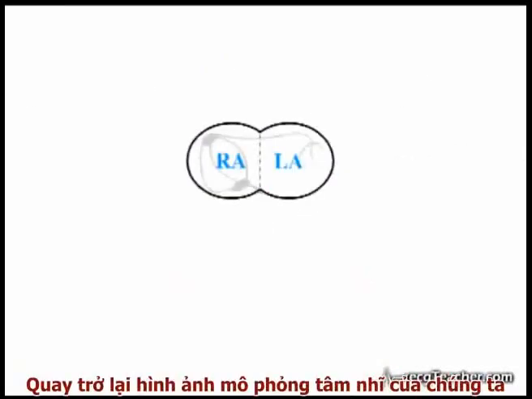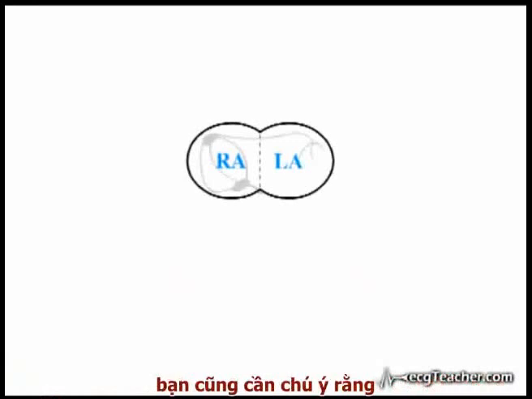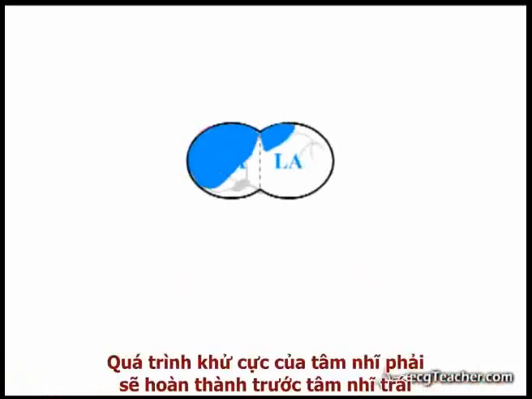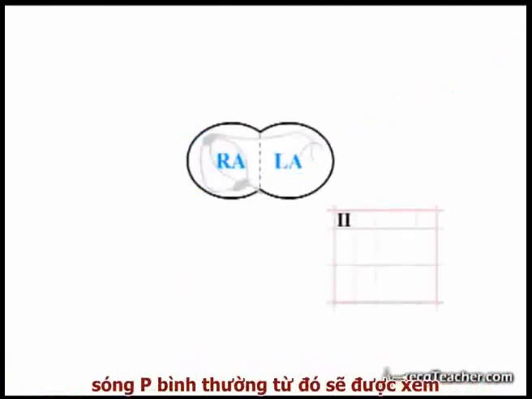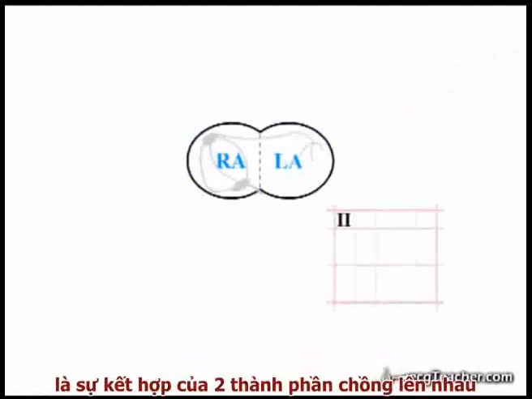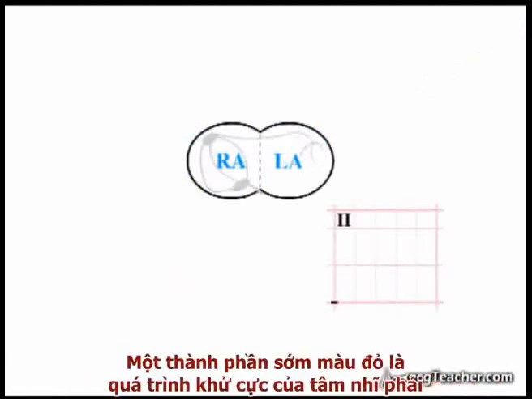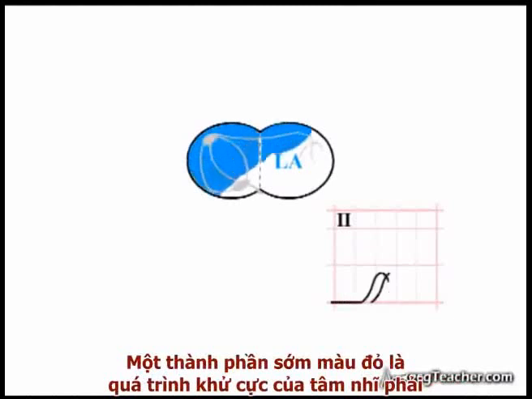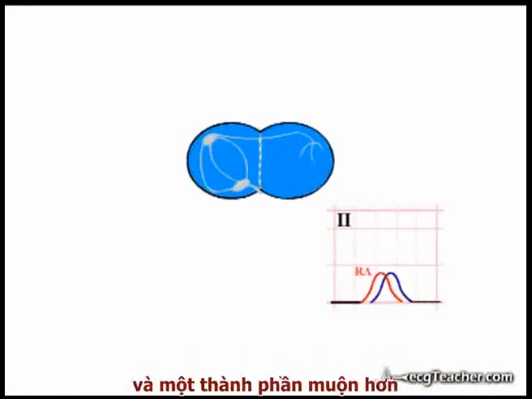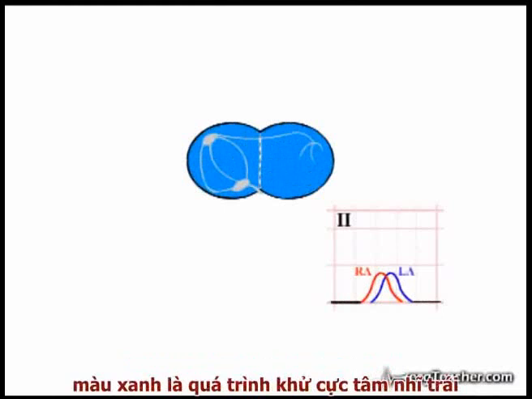Returning to our atrial schematic, you will also notice that because of the location of the SA node, depolarization of the right atrium is complete somewhat earlier than that of the left. The normal P wave, therefore, can be considered as being composed of two overlapping components: one early component, predominantly due to right atrial depolarization, and a second later component due to left atrial depolarization.